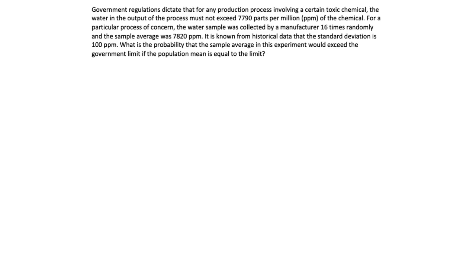For a particular process of concern, the water sample was collected by a manufacturer 16 times randomly, and the sample average was 7820 ppms. It's known from historical data that the standard deviation is 100 ppms. What's the probability that the sample average in this experiment would exceed the government limit if the population mean is equal to the limit?